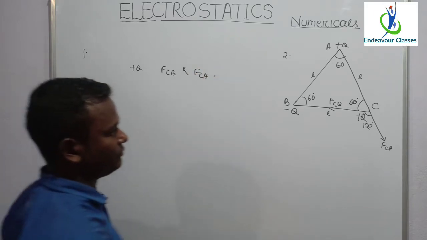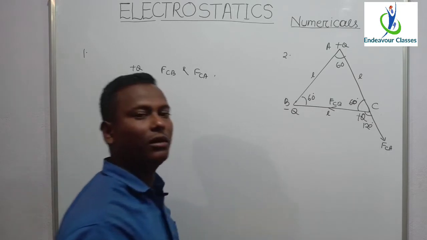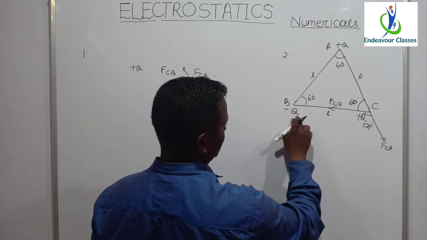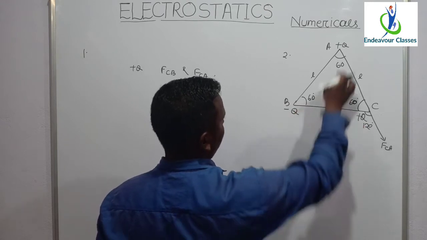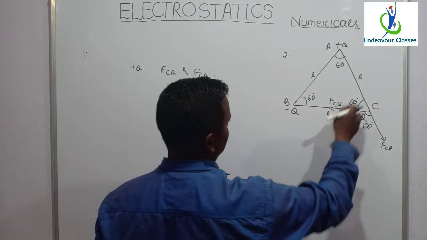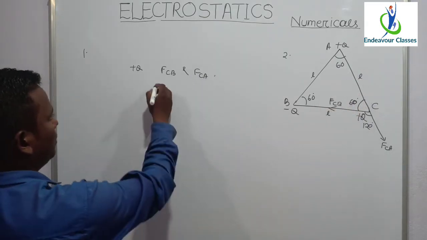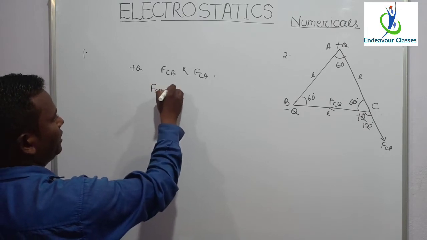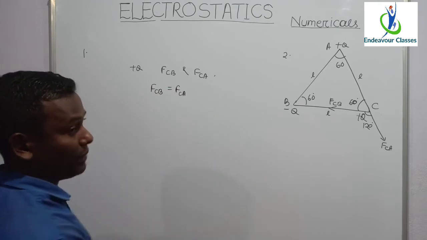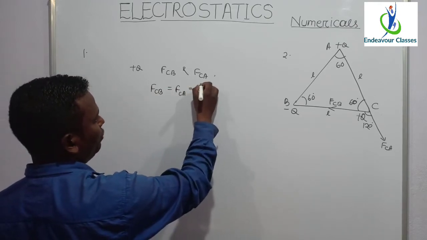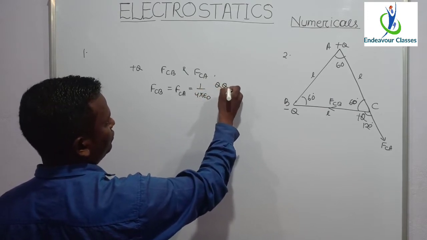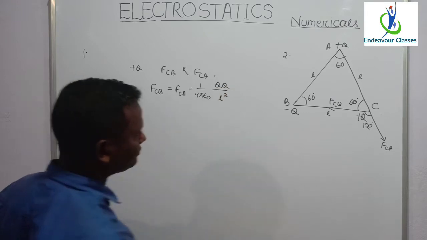But you can see that these two forces will again be of the same magnitude, because the amount of charges in both the cases is Q and Q, and the distance in both the cases is L. So the magnitude of FCB will be equal to the magnitude of FCA, which is 1 by 4 pi epsilon naught Q square by L square.